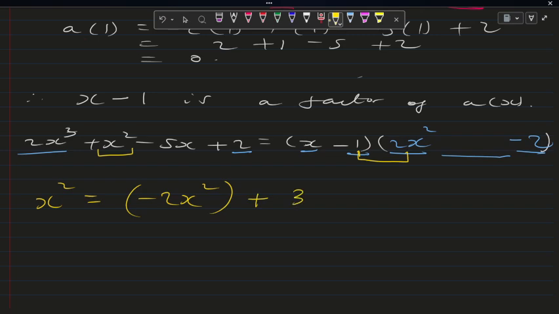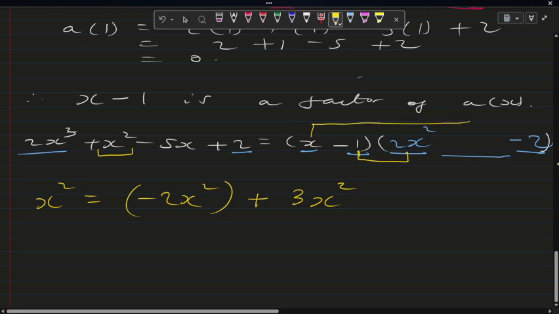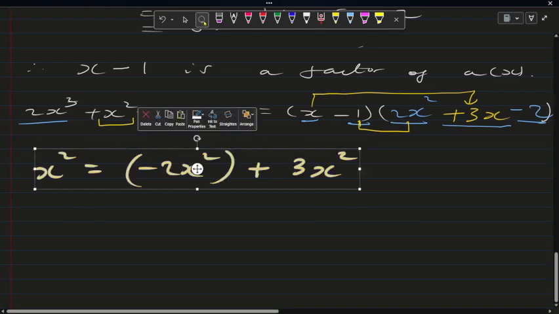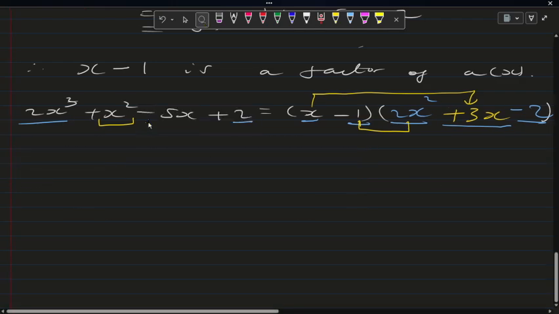Now, in order for me to get a positive x squared, I will need a positive 3x squared somewhere. I can only obtain this positive 3x squared if I take this x and multiply it with a positive 3x, and that is how we determine the middle term.